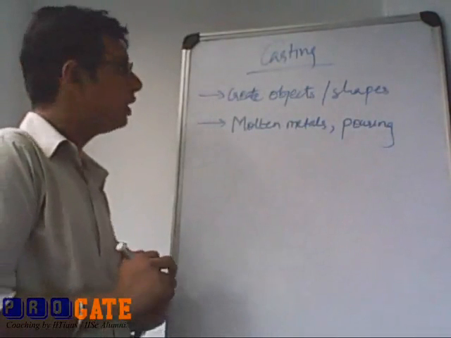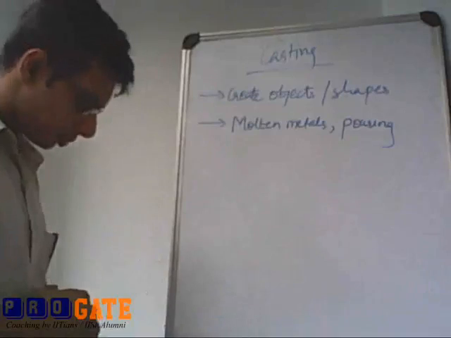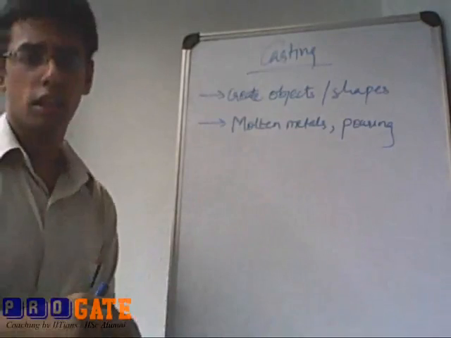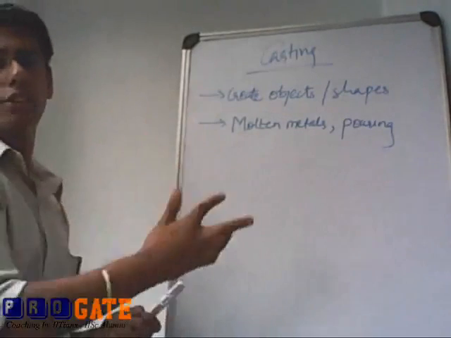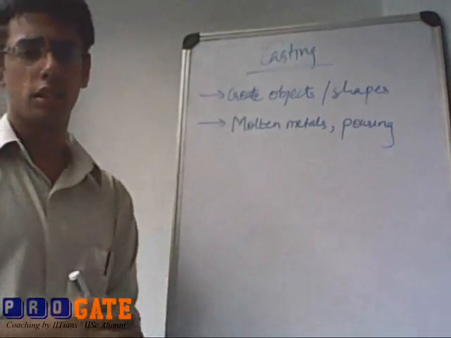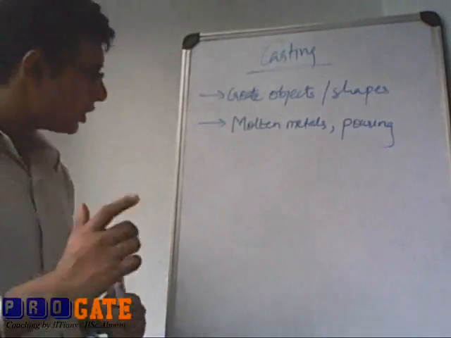Let's go into a little more detail about casting. Why do we need to use casting? Why can't we simply take a block and start chopping it off? Any guesses? Yeah, absolutely correct.